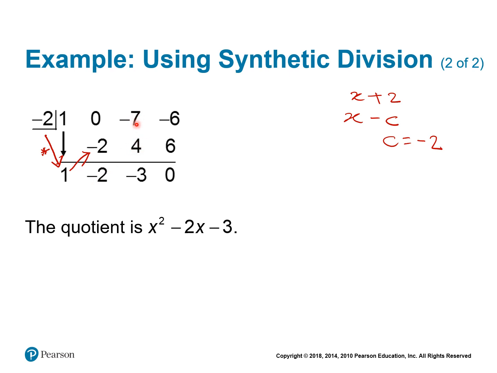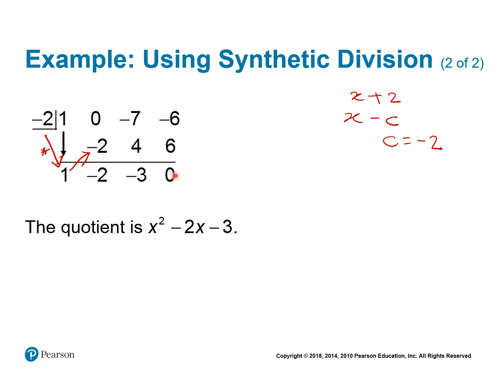Do the addition. -7 plus 4 is -3. Repeat the process. -2 times -3 is +6. Write the result below the next term. All right, the position of the next term. -6 plus 6, we do the addition, is a 0. All right, and we have completed our synthetic division.